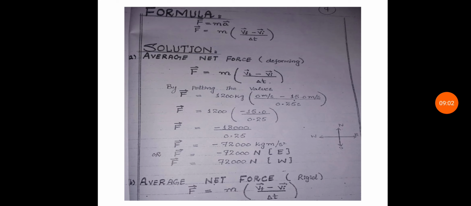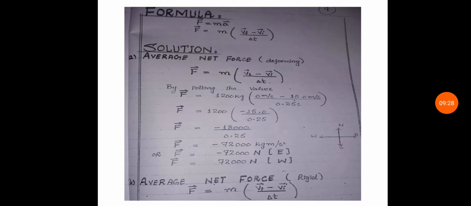And in the solution, when we put the values, first we find average net force deforming, and the formula is F equals to m into Vf minus Vi divided by delta t. Putting the values, m equals to 1200 kilogram, Vf equals to 0 meter per second, Vi equals to 15 meter per second, and in the denominator the time is 0.25 second.